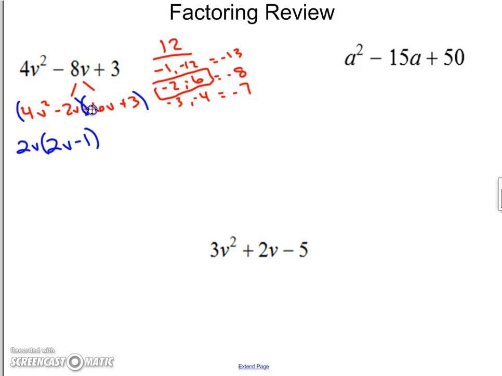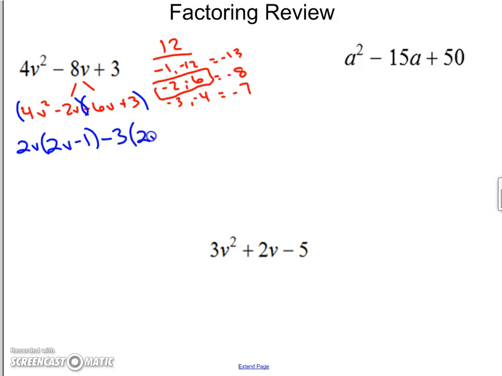I look at my next one of a negative 6v plus 3. Anytime this first term is negative, you're always going to pull out a negative. So I can pull out a negative, and between a 6 and a 3, I can pull out a negative 3. Again, this one does not have a v term, so I'm not going to pull the v out. So I can just pull out a negative 3. I divide negative 6 by negative 3 to get a positive 2.